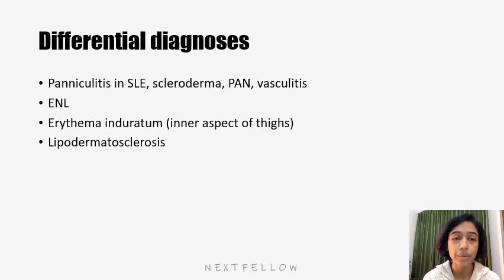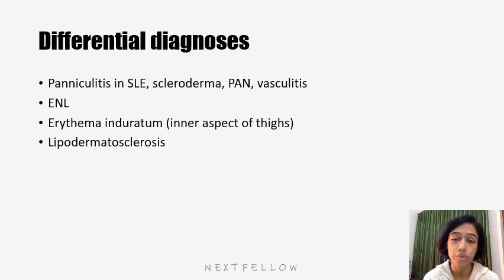So differential diagnosis is panniculitis that may occur in connective tissue disorders as well, like SLE and scleroderma, polyarteritis nodosa, and vasculitis. Now these are the conditions I was saying where you get skin lesions that mimic erythema nodosum, but they can heal with scarring. Erythema nodosum leprosum, that is type 2 lepra reaction.